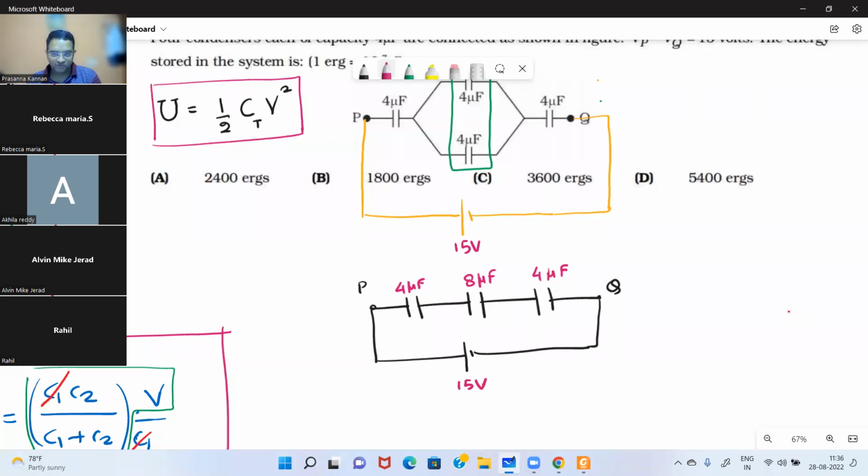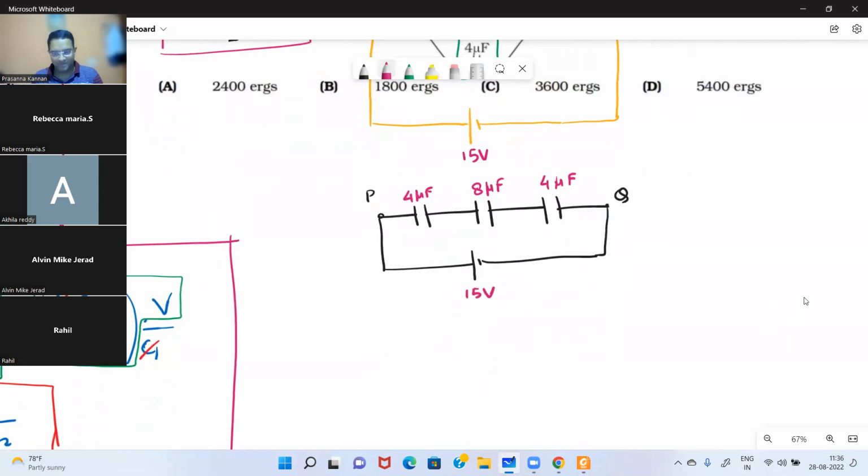So now we need to just find out the value of the effective capacitance. 1 by Cs is what we need to find out. That is 1 by 4 plus 1 by 8 plus another 1 by 4. 1 by 4 plus 1 by 4 is 2 by 4, which is 1 by 2. So 1 by 2 plus 1 by 8.